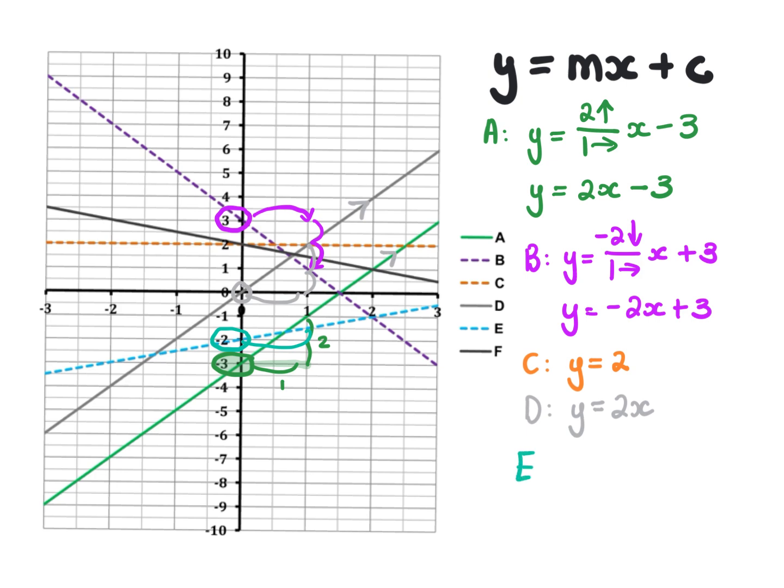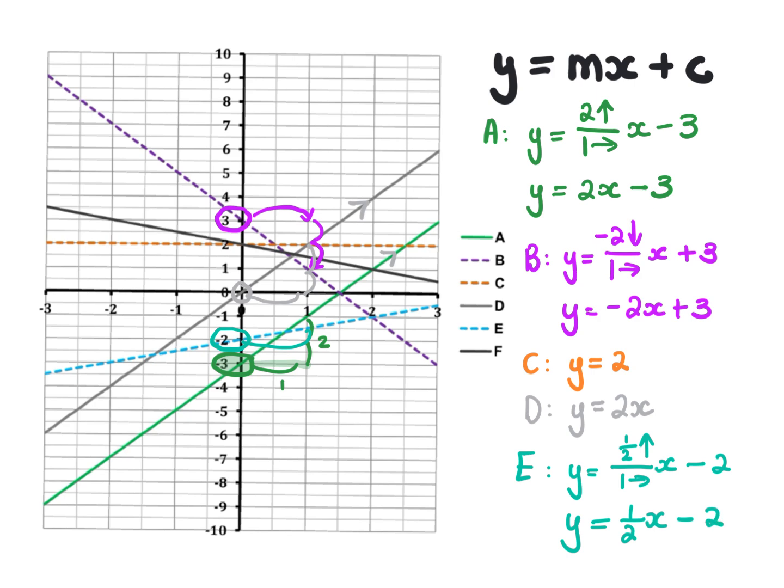So for E, it is y equals, for every 1 across, it goes a half up, x, and my y-intercept is negative 2. If I write that a little bit nicer, a half over 1 is just a half. So that means for every 2 across, it goes 1 up. Let's just check. For every 2 across goes 1 up. Yes, that is true.